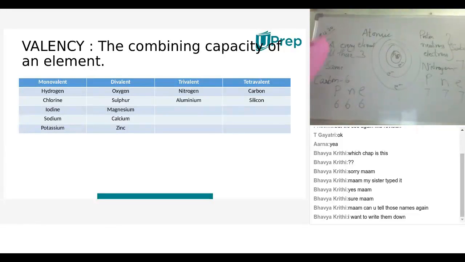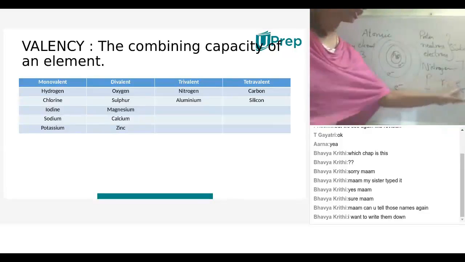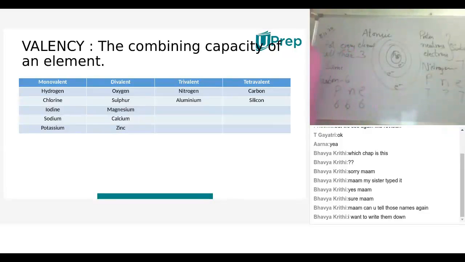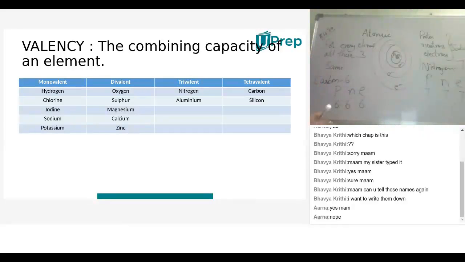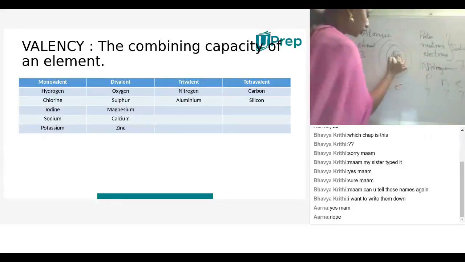So protons, neutrons, electrons, all three are same. Understood? Any doubts? No? Very good. So these protons and neutrons are present within the nucleus.